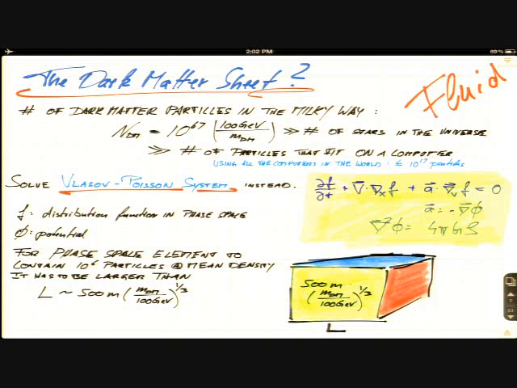In fact, if you want about 10 to the 6 particles in a little box at mean density today, you would have a box of about 500 meters in length, and it would still contain about 1 million dark matter particles. So if you're interested in studying scales larger than 500 meters, which we obviously are, you're very welcome to use a continuum formulation.